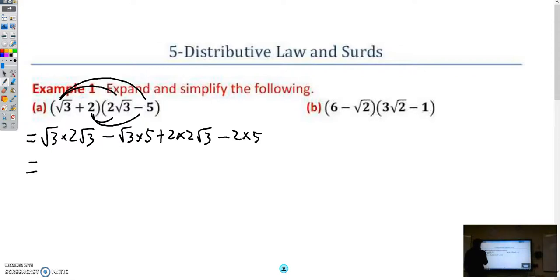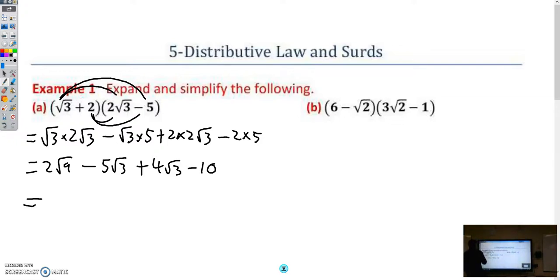We simplify. √3 times 2√3 is going to be 2√9. Minus √3 times 5 is 5√3. 2 times 2√3 is plus 4√3. And 2 times 5, we're going to end up with -10.